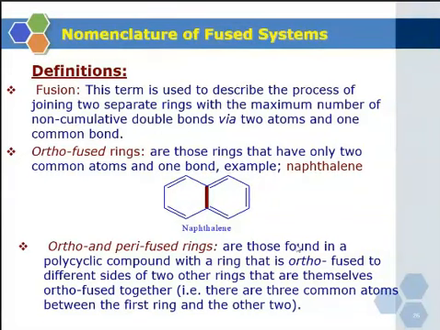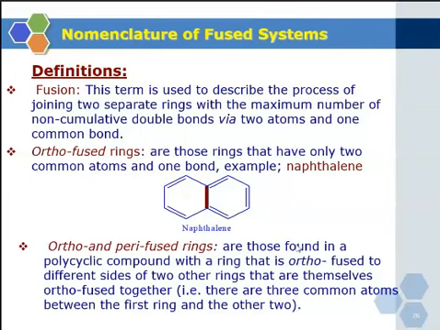When in a structure there is fusion of two rings, we call it a fused ring structure. It may be a fusion of 2 rings, 3 rings, or more than that. It depends.